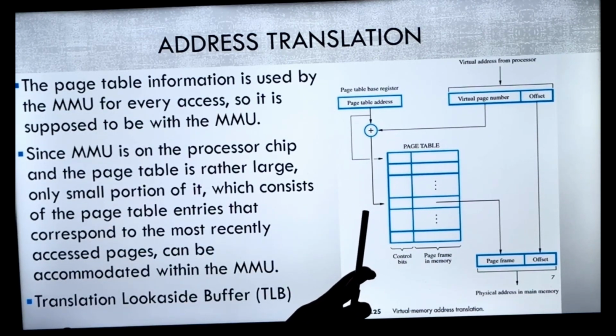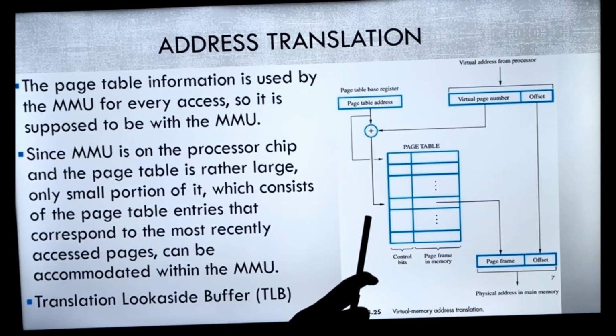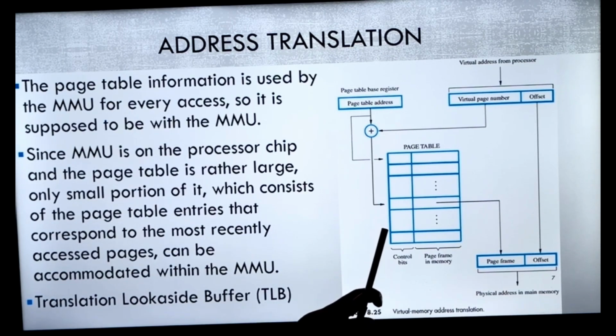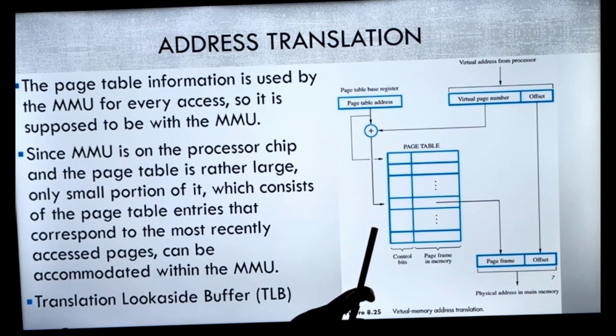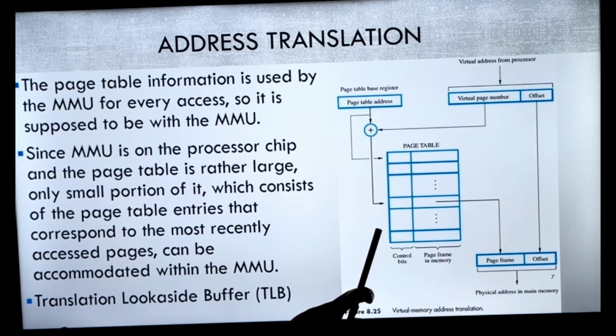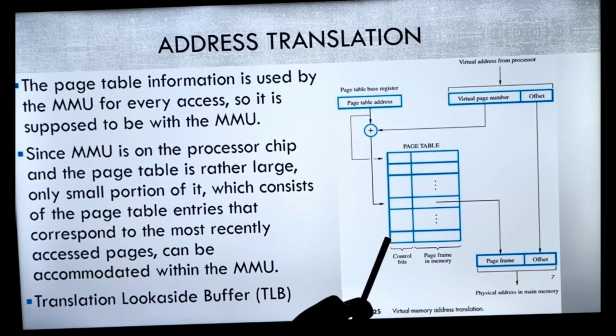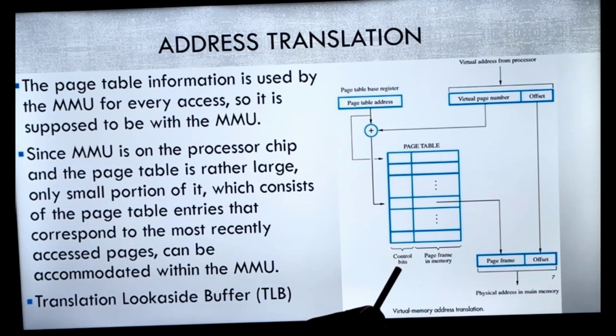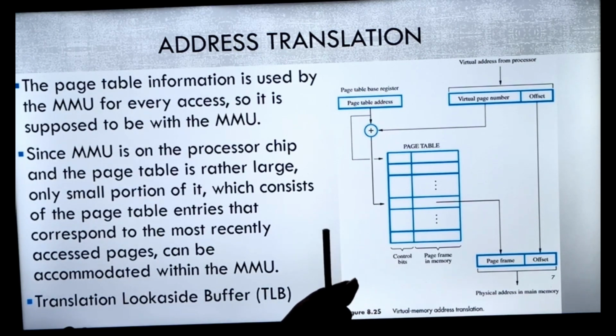If you are running 2 or 3 programs at the same time, that means there should be 3 page tables, right? For game 1, you have a page table. For the movie you are playing, you have a page table. A separate table will be there for separate programs, because at a time you can play multiple things, right? So in your main memory, don't think you have only one single page table.